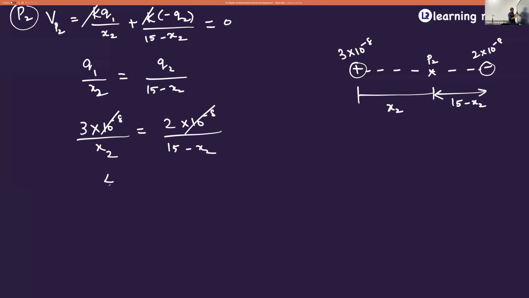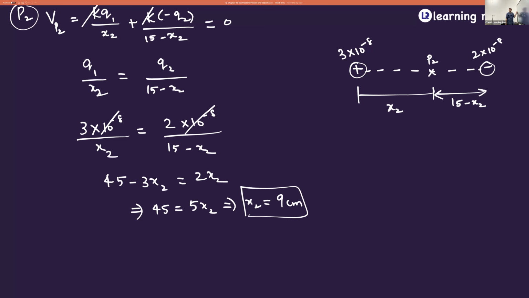So 45 minus 3x2 will be equal to 2x2, which implies 45 will be equal to 5x2, which implies x2 will be 9 centimeter.